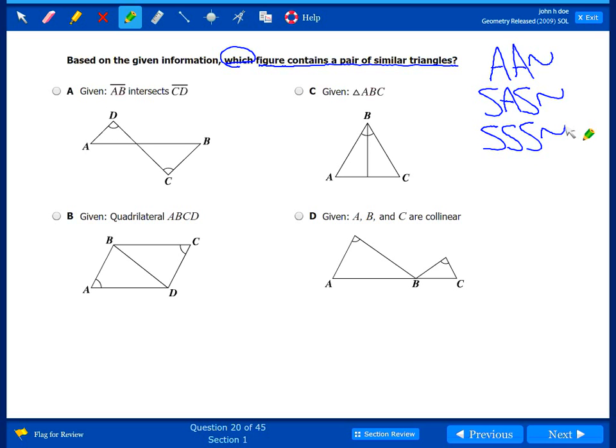So the easiest one's angle angle. If we have two pairs of angles that are congruent, then the triangles will be similar. Well, we see vertical angles right here, so we have two angles in each triangle. So just like that, we're done with question 20. It's A, angle angle.